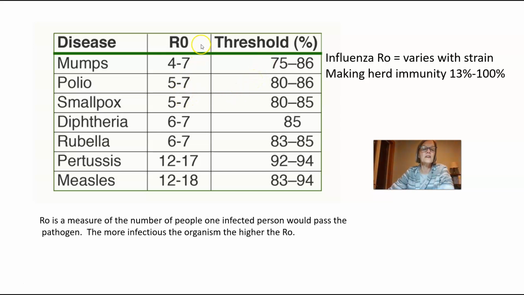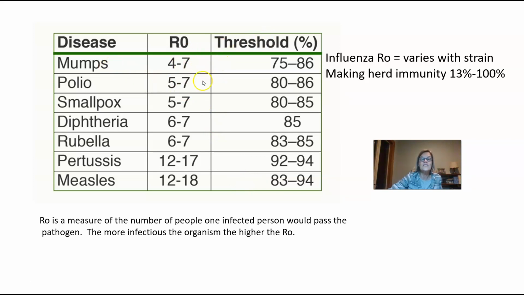And the higher the R naught, the easier the disease spreads. So what this means is if somebody has mumps, the R naught is 4 to 7. And what that means is a person with mumps is likely to spread that disease to between 4 and 7 other individuals. Somebody who has measles is likely to spread that disease to 12 to 18 other individuals. And so what we're saying is measles is a lot more contagious than mumps.